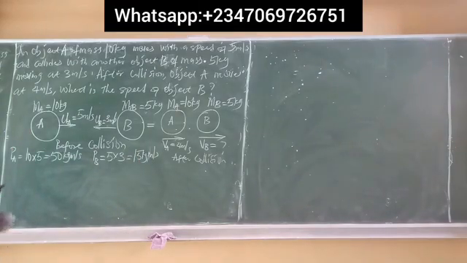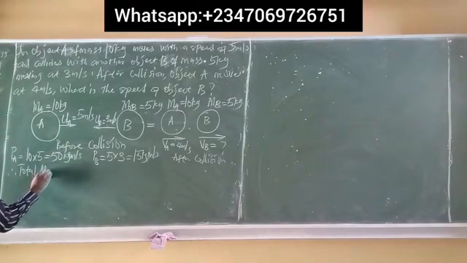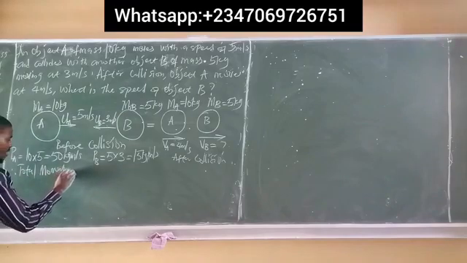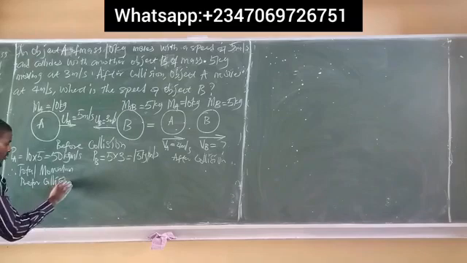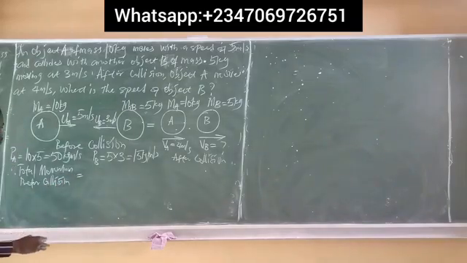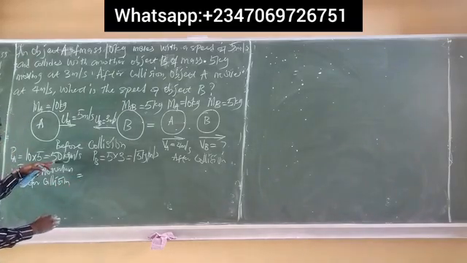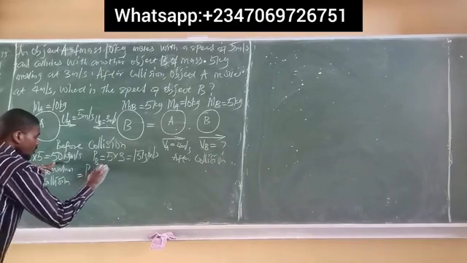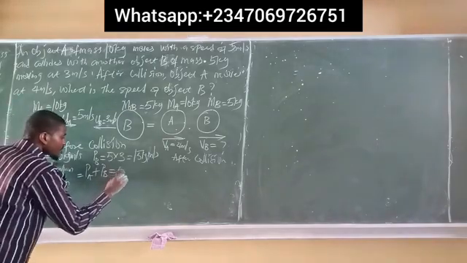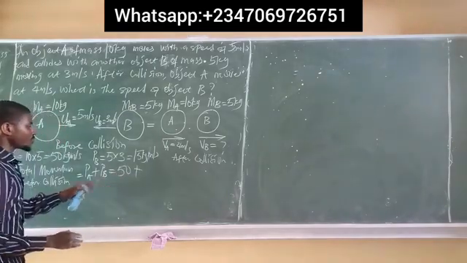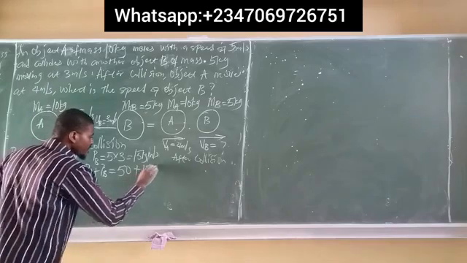Now, the law says total momentum before collision, so you have to add them all up together. Therefore, total momentum before collision is equal to PA plus PB, which is 50 kilogram meters per second plus 15 kilogram meters per second.